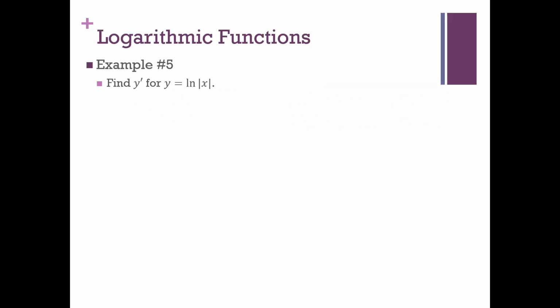So let's talk about this first. If we have a function natural log of x, what's the domain for that function? All real numbers? You cannot take the natural log of all real numbers. So if y is equal to natural log of x, then that's the same thing as me saying x is equal to e to the y, right?